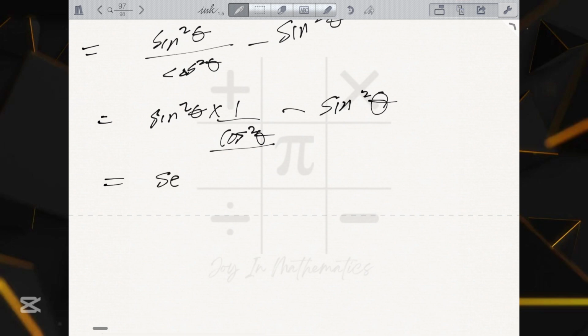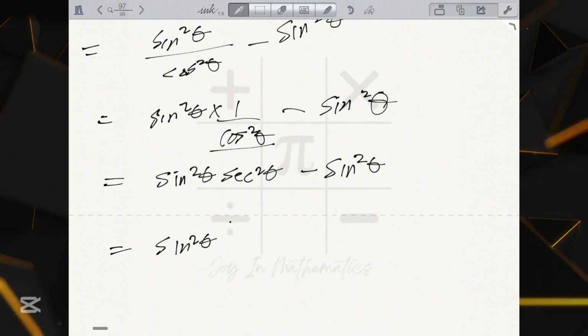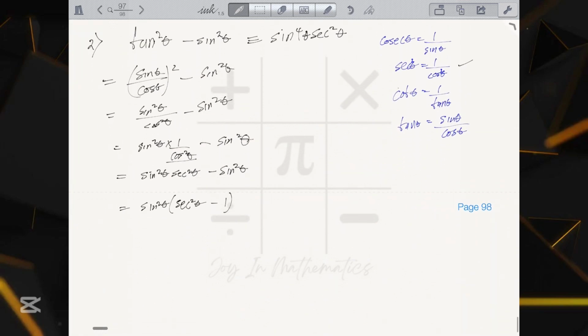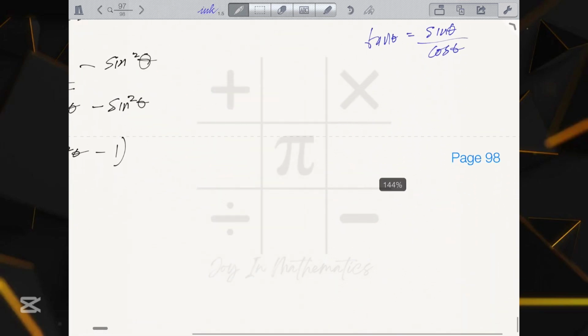So we'll have sine squared theta multiplied by sec squared theta minus sine squared theta. Now we can factorize using sine squared theta, and sine squared theta will give us as a factor sec squared theta minus 1.